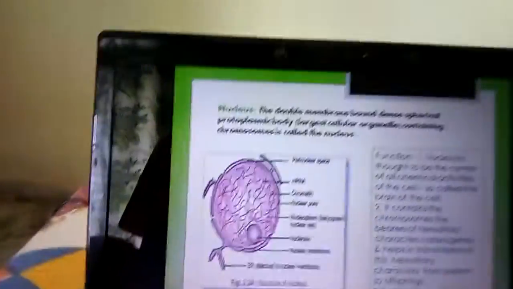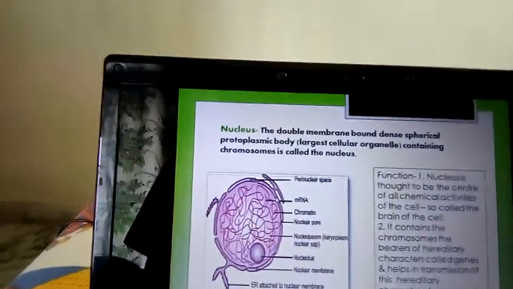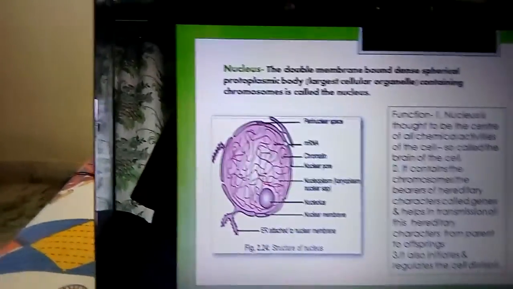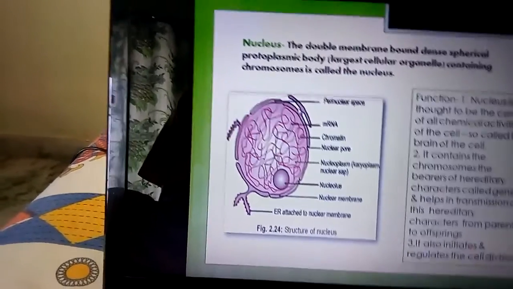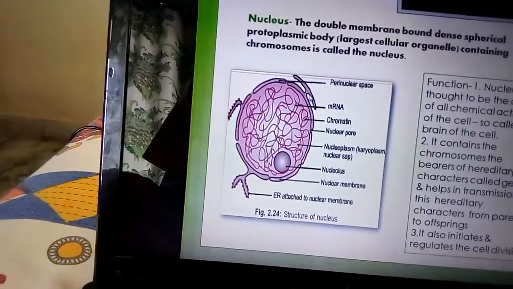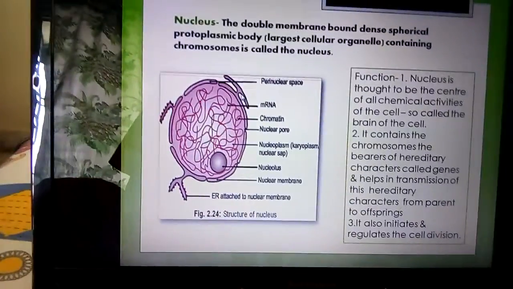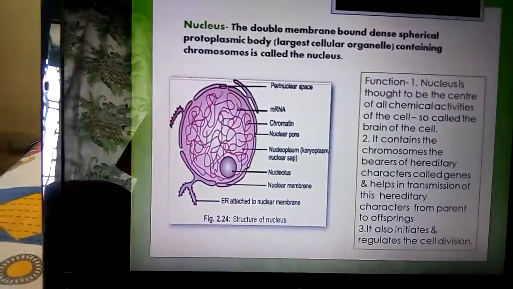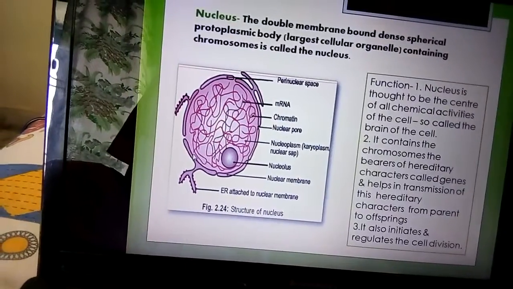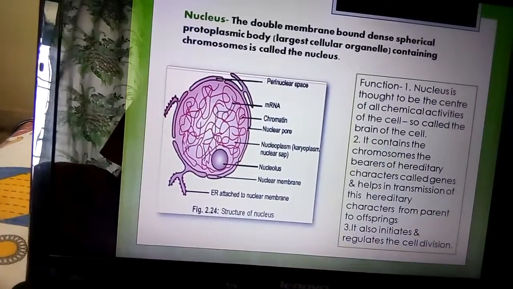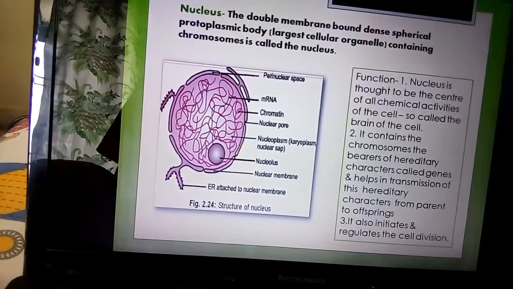First we will learn about the nuclear membrane. The porous, delicate double membrane bound structure which surrounds the nucleus is called the nuclear membrane.